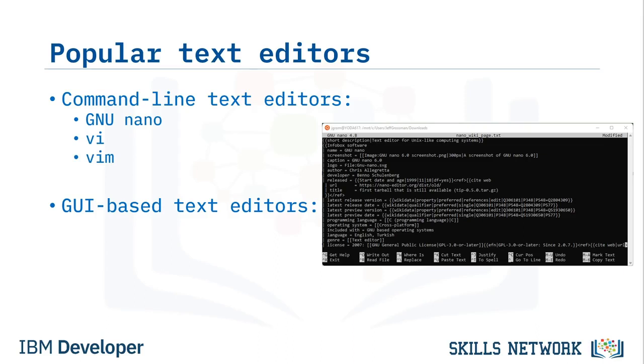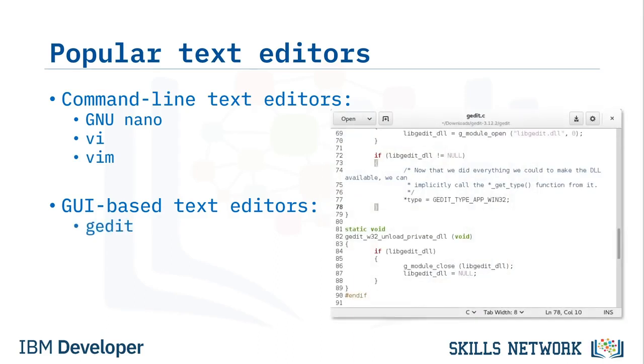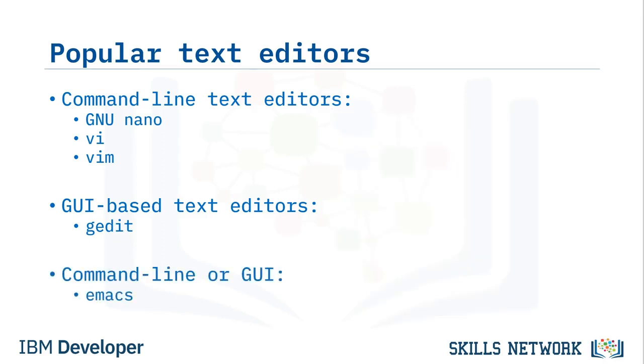A popular GUI-based editor is gedit, which is the default editor from the GNOME environment. And Emacs is another text editor that is one of the oldest free open-source projects still under development. You can use Emacs in GUI mode or within a command line.